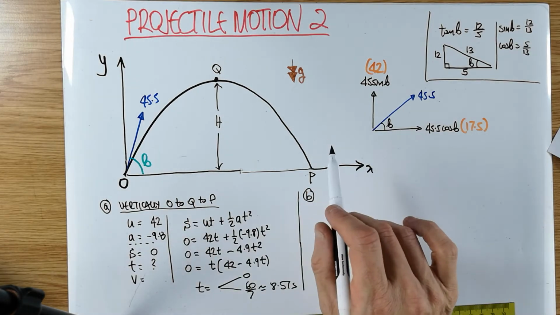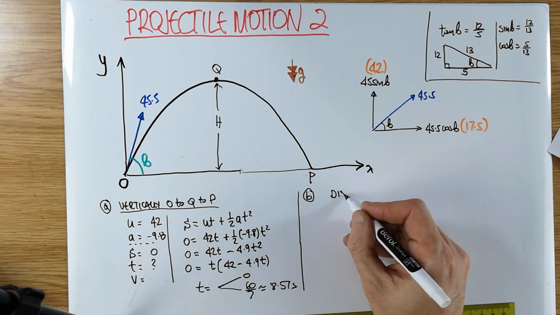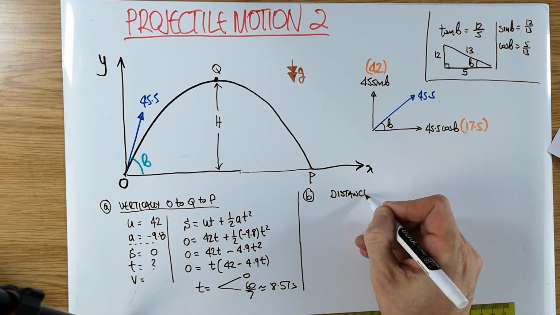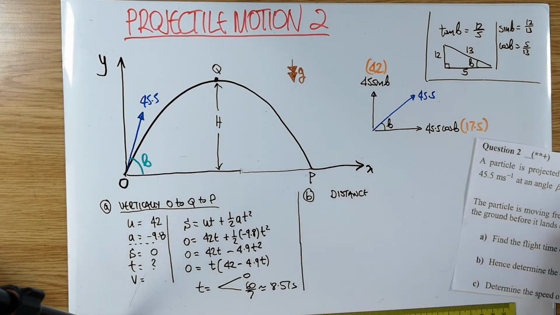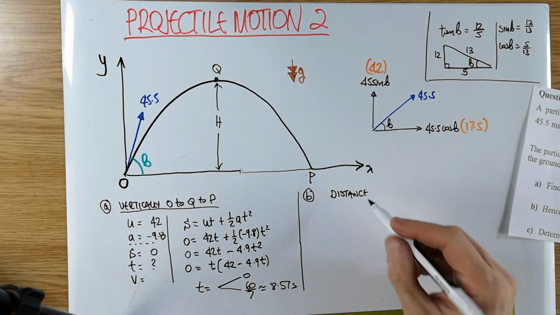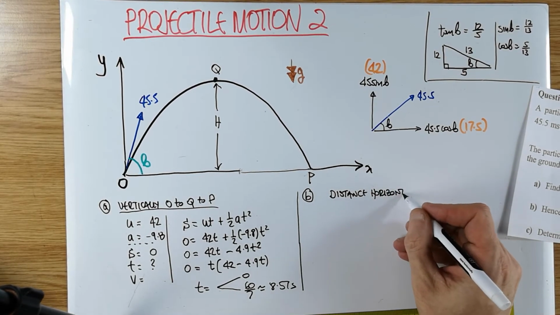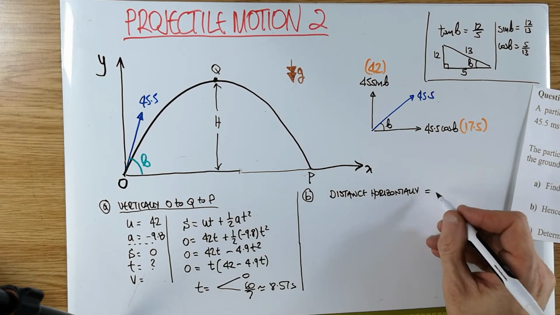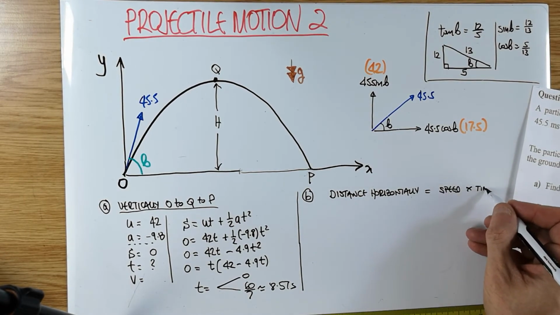Horizontally, there's no acceleration. It's moving at constant speed. So the distance horizontally is equal to speed times time.